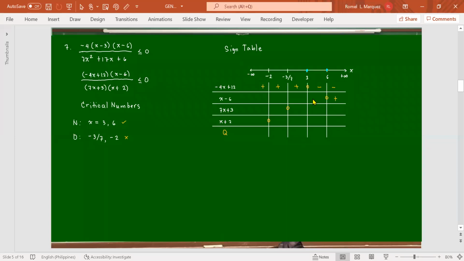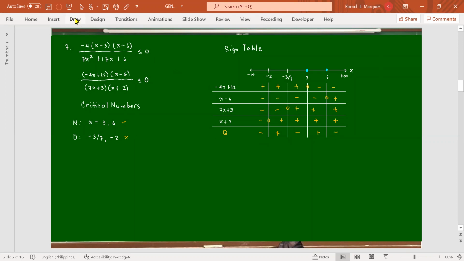Here positive because positive coefficient. Negative, negative, negative to the left. Negative, negative, positive, positive, positive. Am I correct, guys? Negative, positive, positive, positive. What's the quotient for the first column? Negative. Second, positive. Negative. Positive.